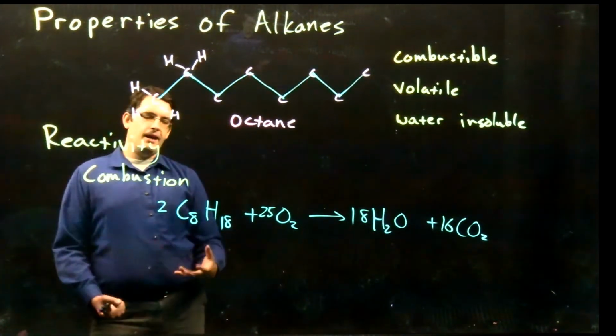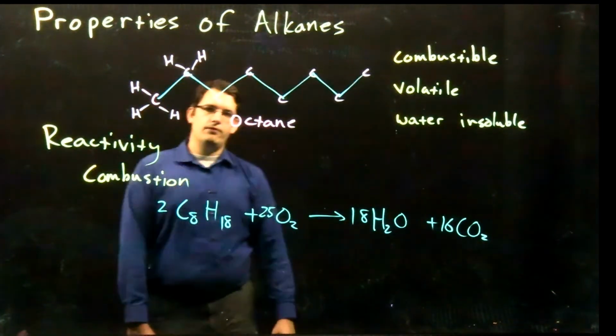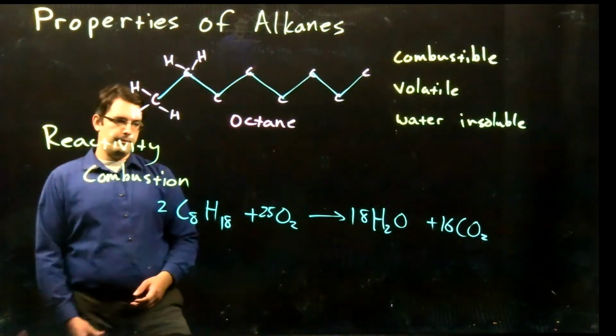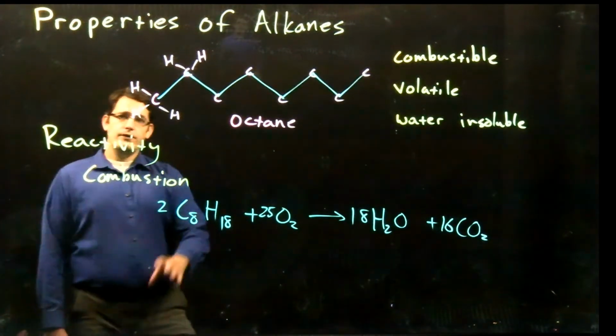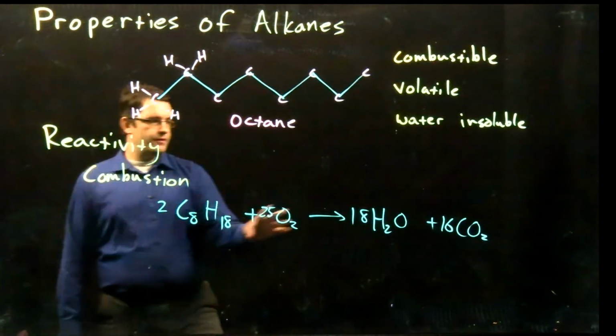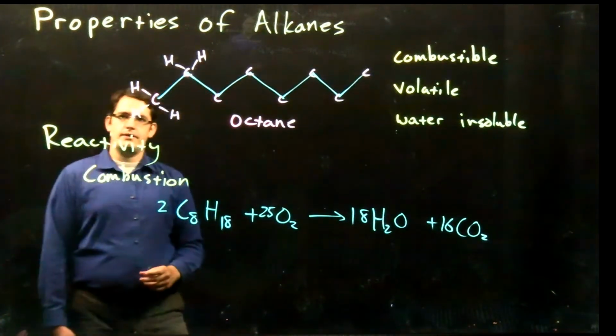This equation would be the same for any of our alkanes. We would just have to change our stoichiometric coefficients based on the number of carbons in our alkane that's being combusted. So all of our alkanes will undergo similar combustion reactions. We'll just have differences in how much oxygen is used or how much carbon dioxide is produced.